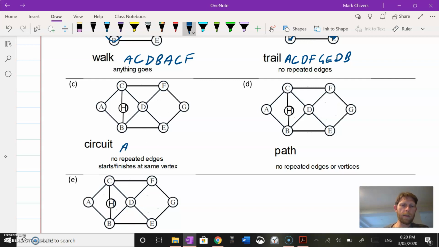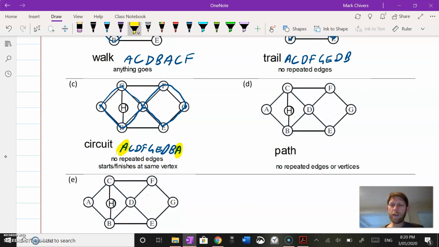So I'm going to go A, C, D, F, G, E, D, B, A. Just to show that. Where do I go to next? D, F, G, E. I can still go back to D again. I just can't use that edge again. But I have to get back to A. I have to start and finish. The start and the finish of my circuit have to be the same.